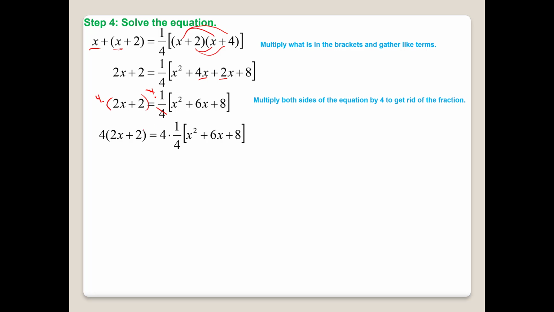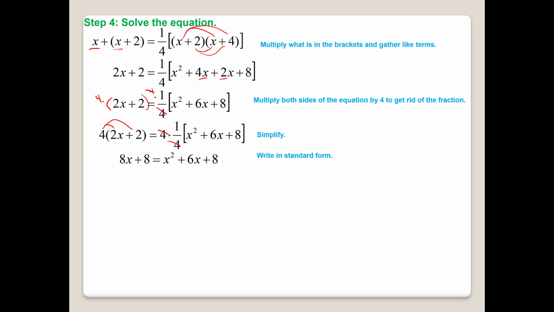Okay, so that's all they did there, is they wrote out exactly what I just wrote out. In which case, as you can see, these 4's will go away and we'll simplify. So we took 4 times 2x gives 8x, 4 times 2 is going to be 8, and then we're left with just x squared plus 6x plus 8.